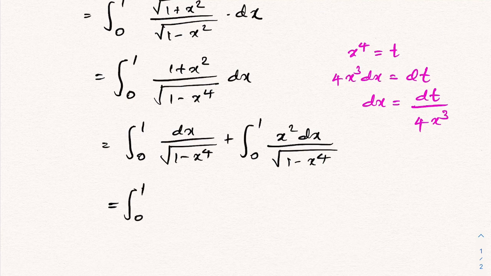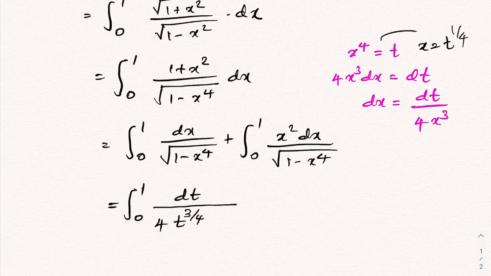Then dx is dt over 4 times x to the third power, and x is t to the 1/4. So here we have t to the 3/4 times the square root of 1 minus t, then plus, here the limit is also 0 to 1.